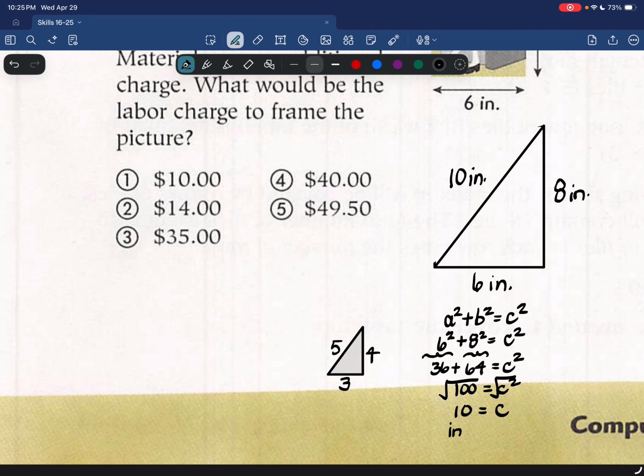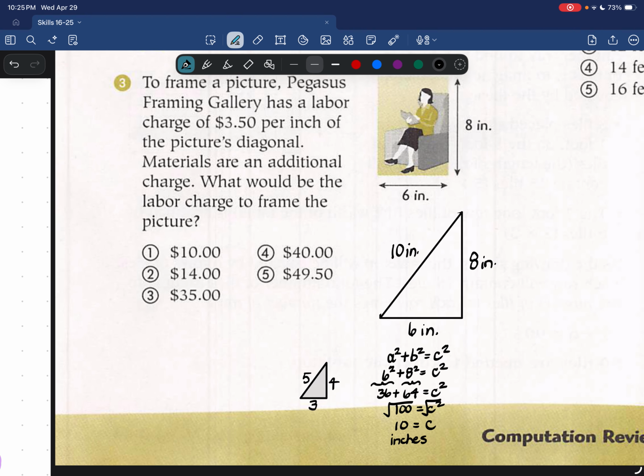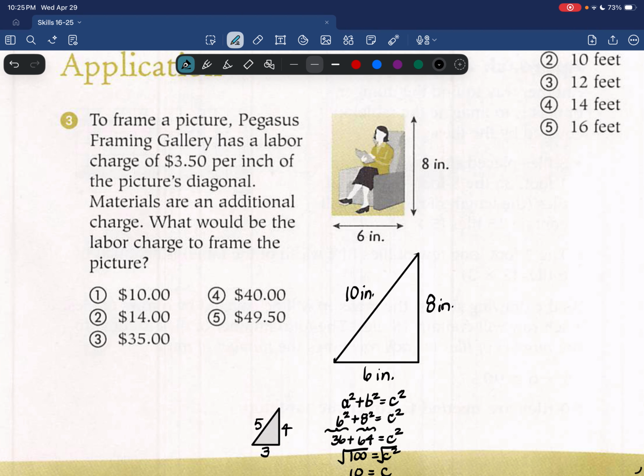So once you get the 10 inches, you still have to apply the cost. And this is going to be a proportion if you want to do it this way. I know that 1 inch costs $3.50. And we have 10 inches on the diagonal.